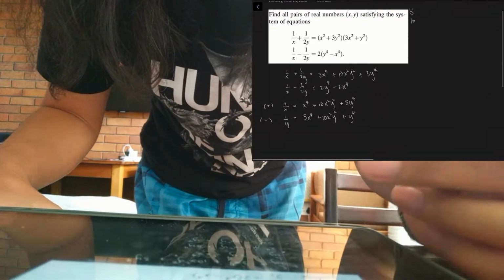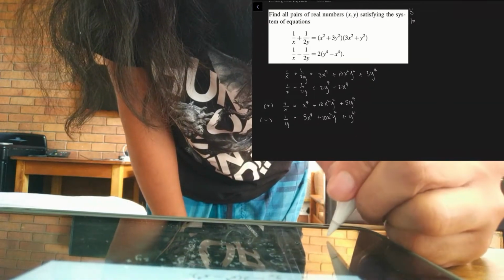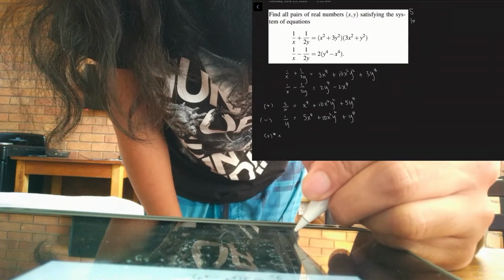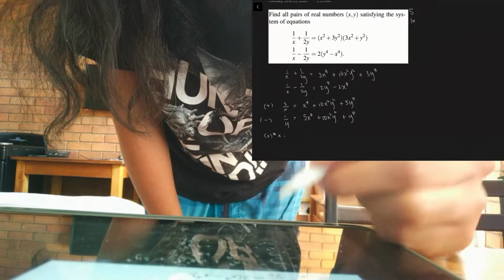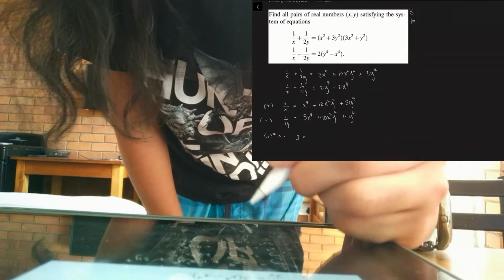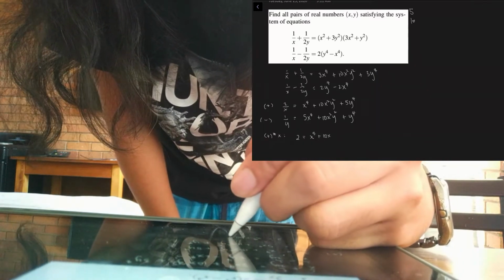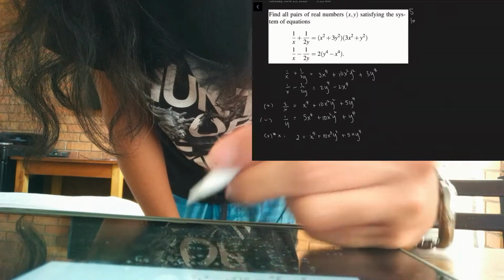Okay, so next, what do we do? Let me multiply the equation that I added by x, in order to cancel the pesky denominators. That gives you 2 equals x to the fifth plus 10x cubed y squared plus 5x y to the fourth.